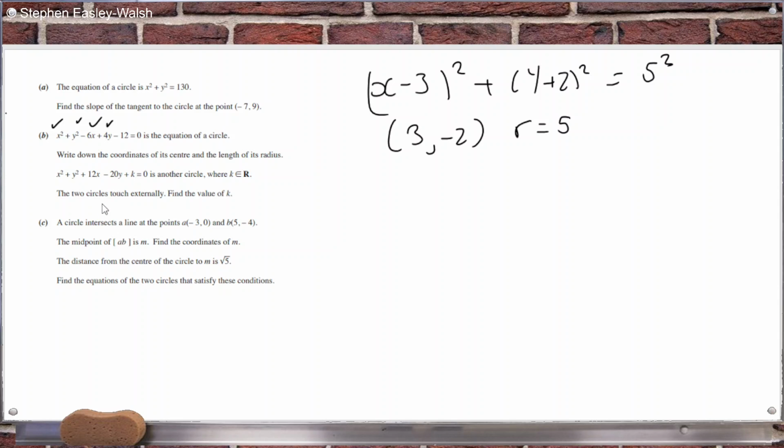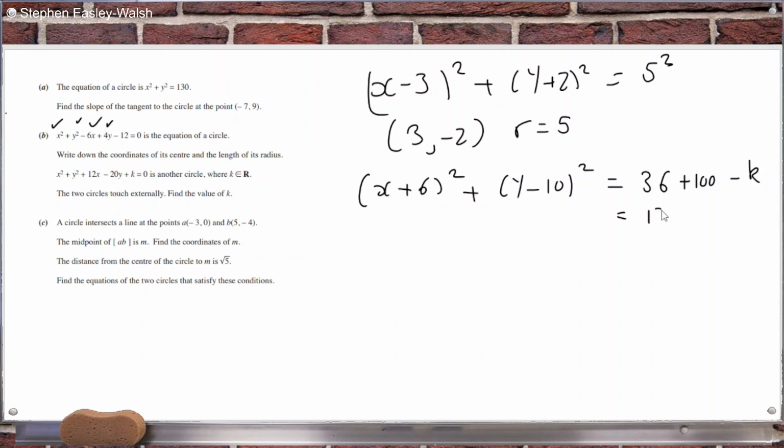The two circles touch externally. Find the value of k. Alright, well, for the second circle, that's (x plus 6) squared plus (y minus 10) squared equal to 36 plus 100 minus k.